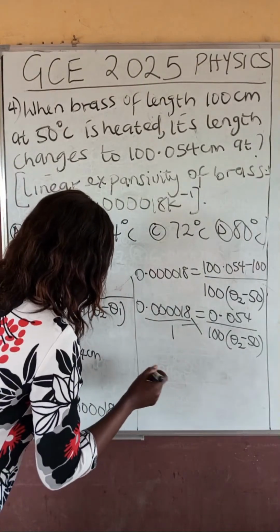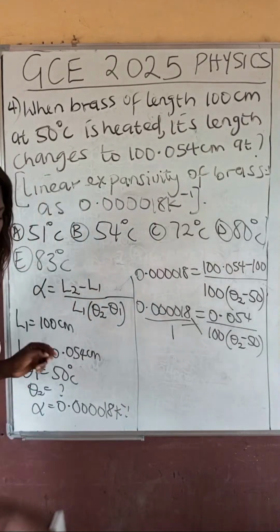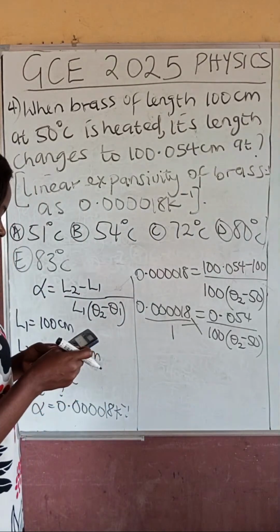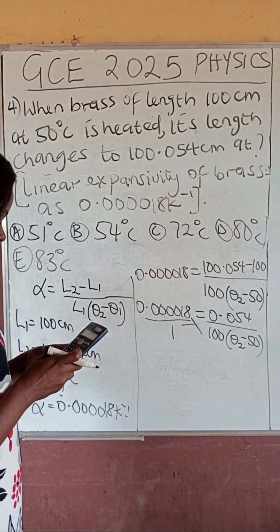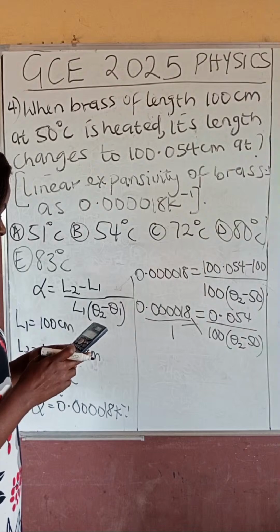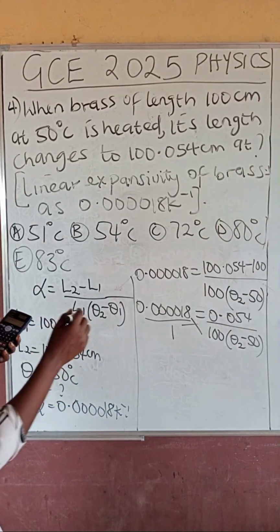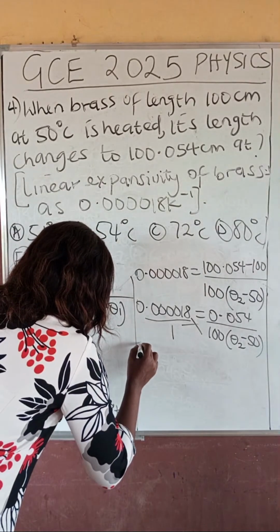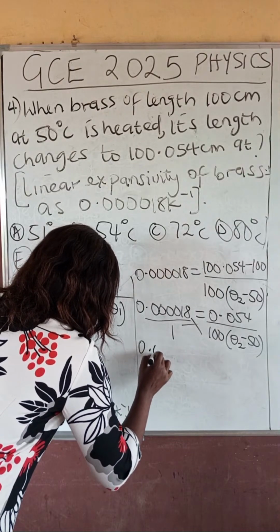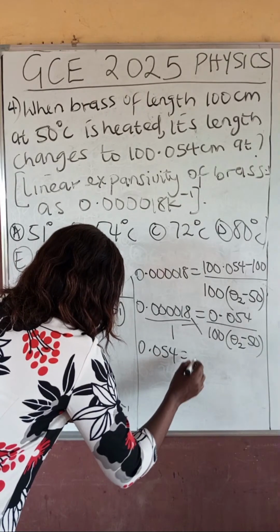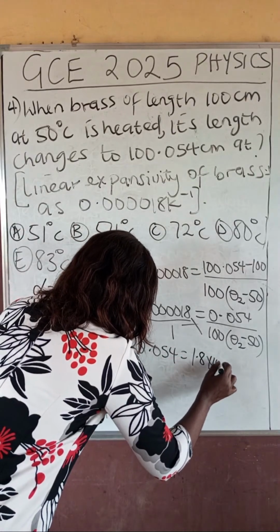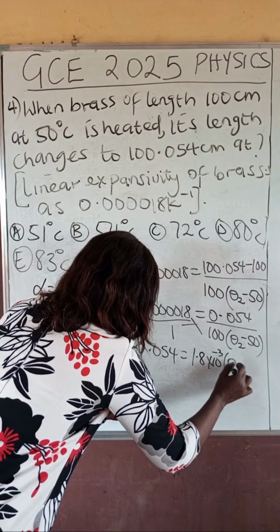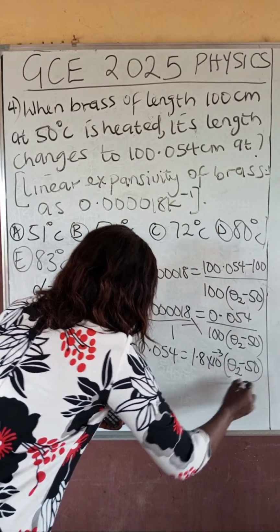Let me just multiply it out. 0.00018 multiplied by 100, so I will have 0.054 is equal to 1.8 times 10 raised to the power minus 3 bracket theta 2 minus 50.